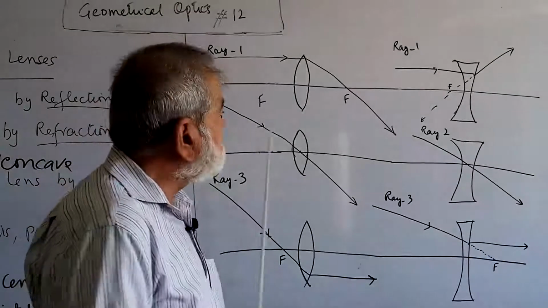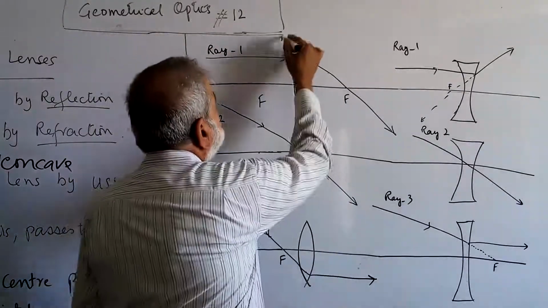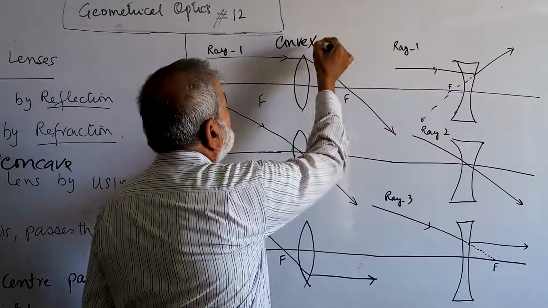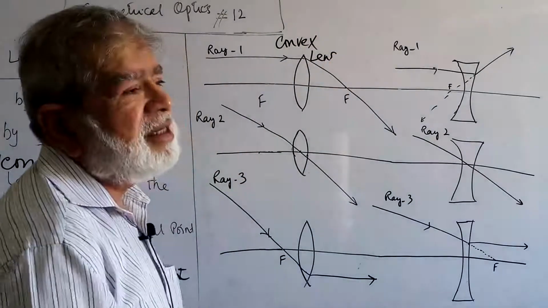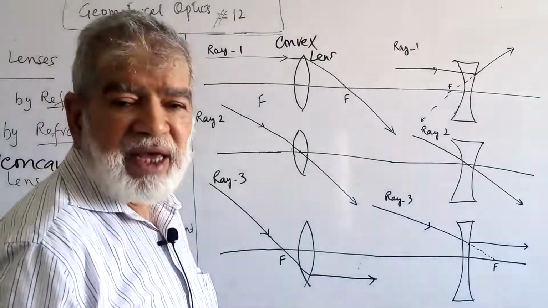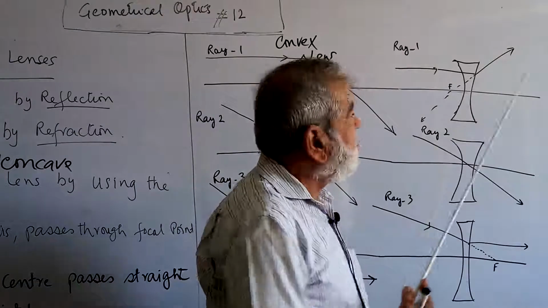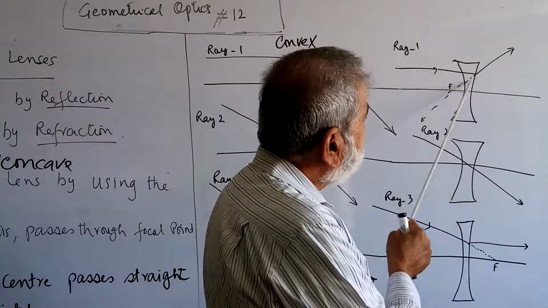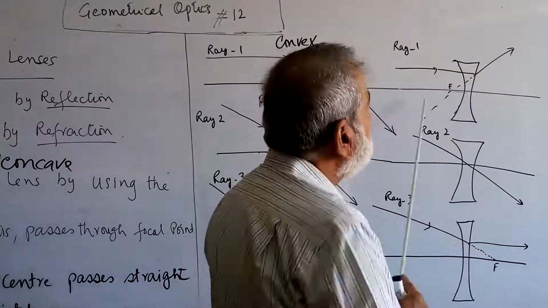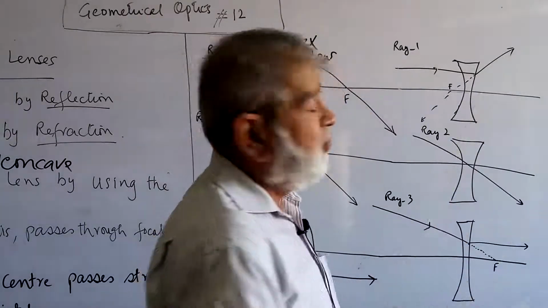Now, this was the case of a convex lens. Now we come to the second case, in which we are using a concave lens. The principle remains the same. A ray which is parallel to the principal axis, after refraction passes to the focal point.